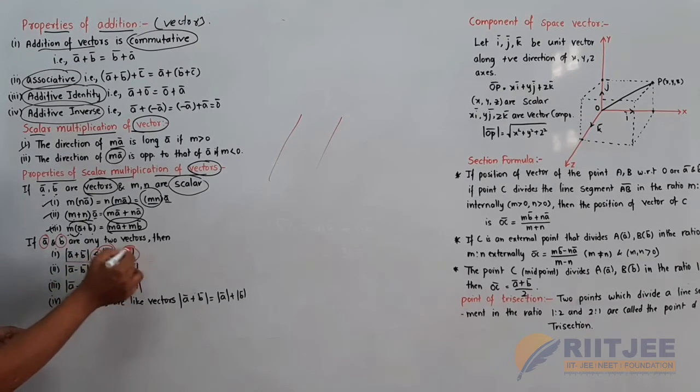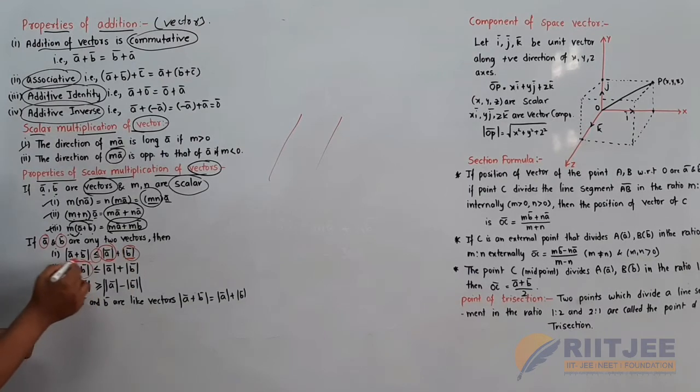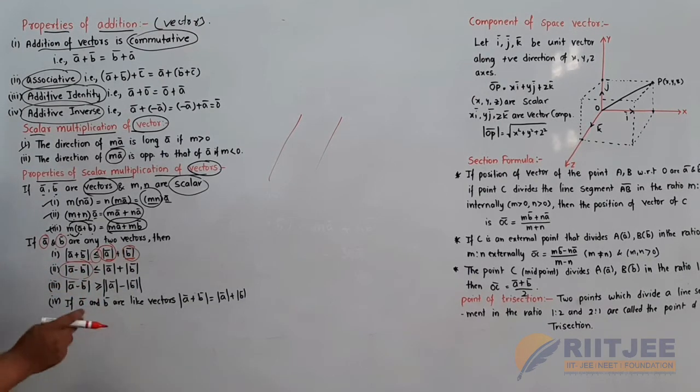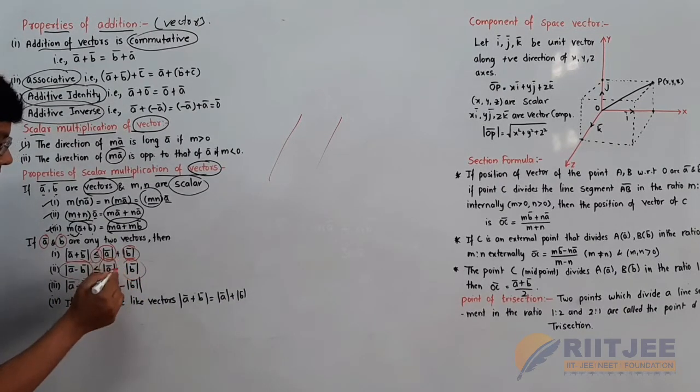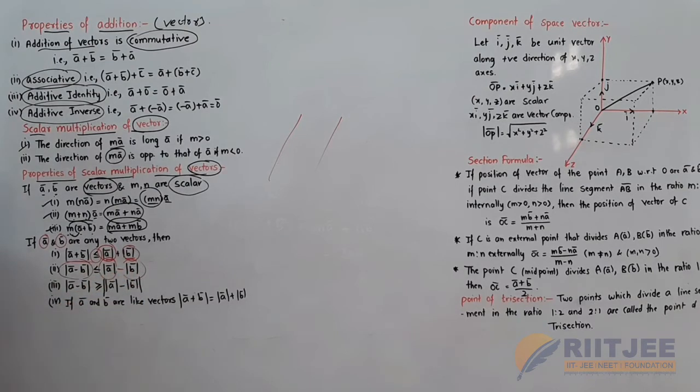And the next one is modulus of a bar minus b bar is always less than or equal to modulus of a bar plus modulus of b bar. Next, modulus of a bar minus b bar is greater than or equal to mod a bar minus mod b bar.